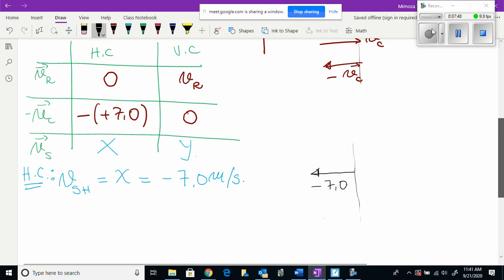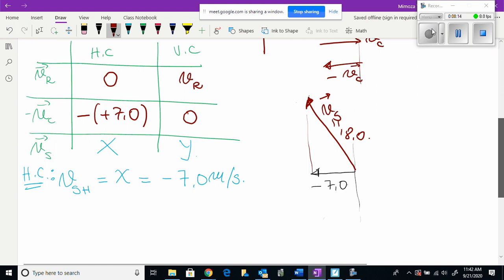But since we know that the resultant velocity is positive, then we can say that the swimmer's velocity is between north and west. Okay, we know that the magnitude of this is equal to 18.